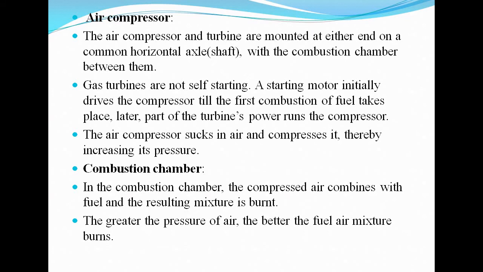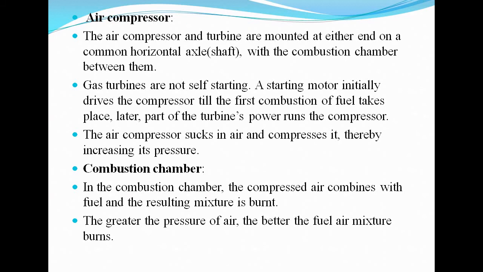So now let us see the components one by one. First of all, the air compressor. The air compressor and the turbine are mounted at either end of the common horizontal axle, that is the shaft, with the combustion chamber between them. I have already told you that the air compressor and the turbine are mounted on the same shaft.